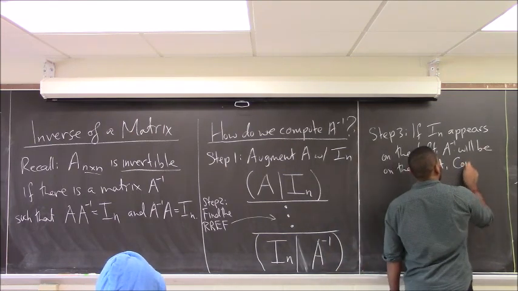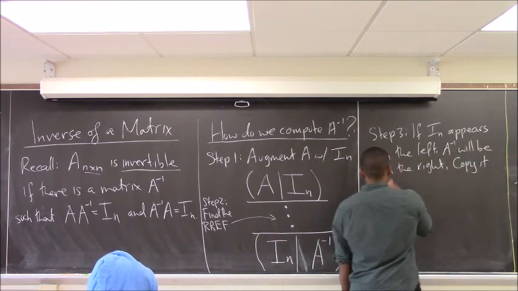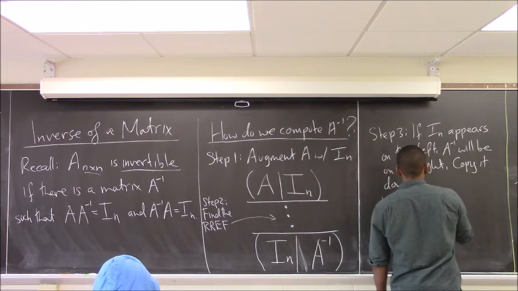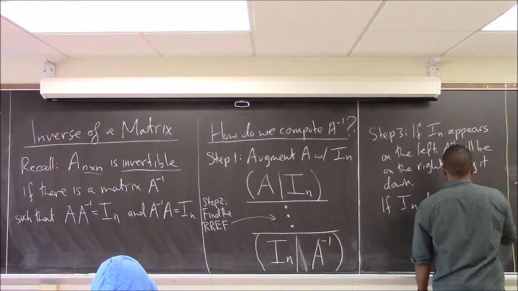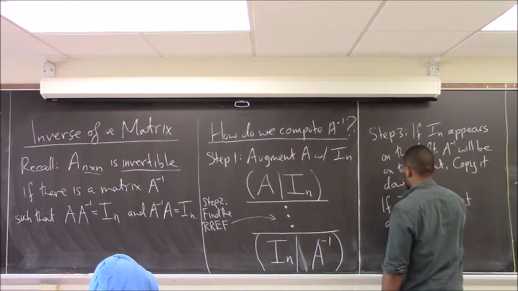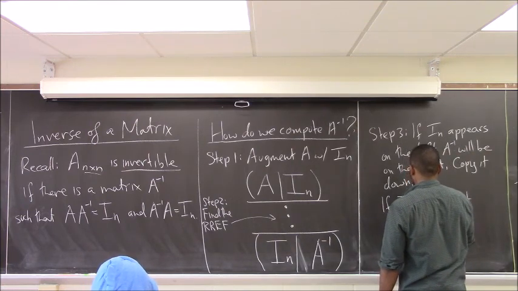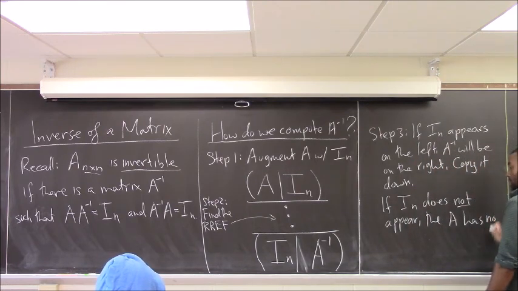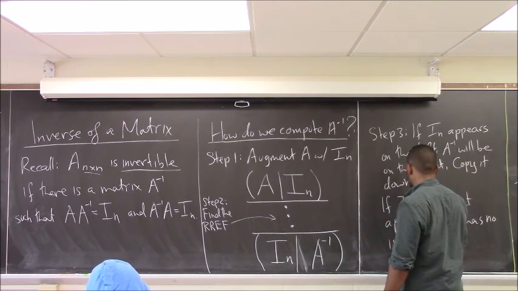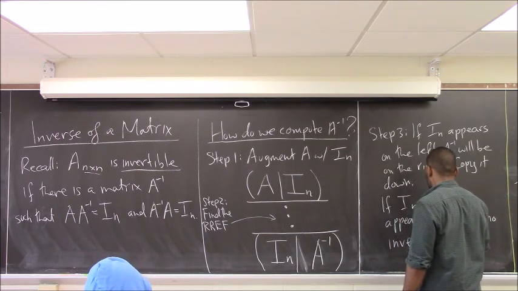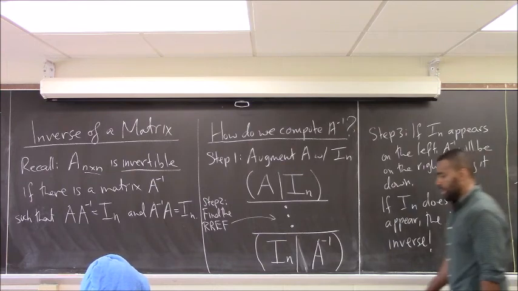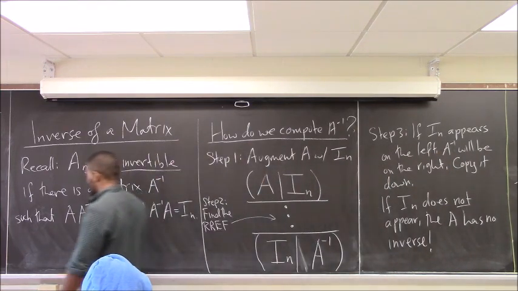Copy it down. And if I_n does not appear, then A has no inverse. We saw that there are some matrices that do not have them. But that's the process. We can find inverses using row reduction.